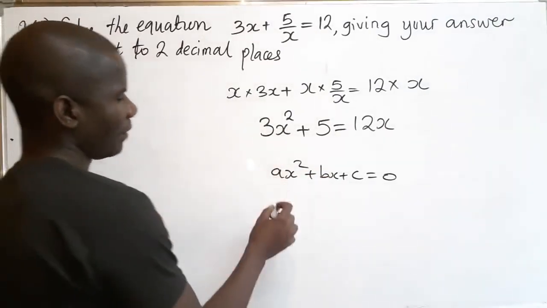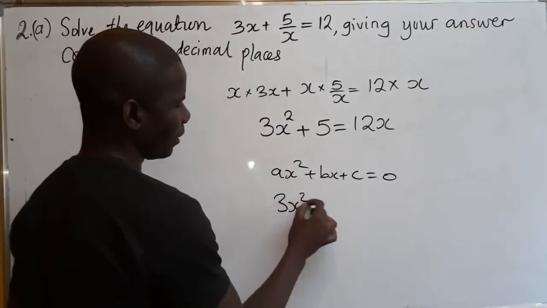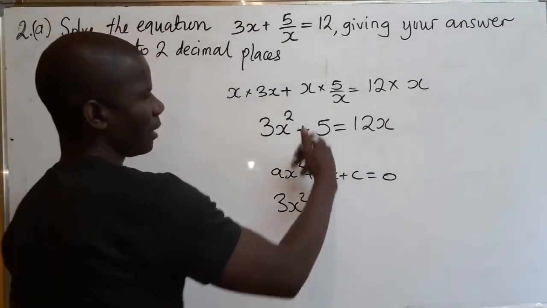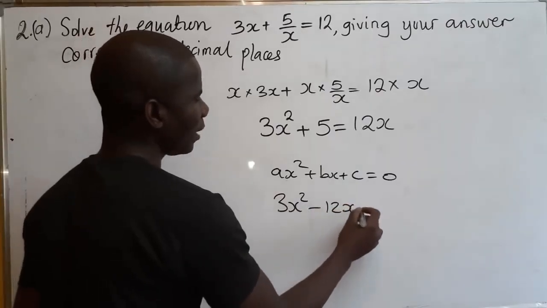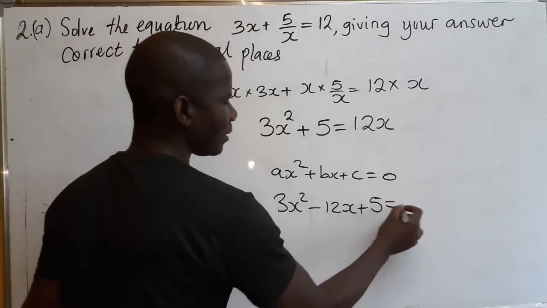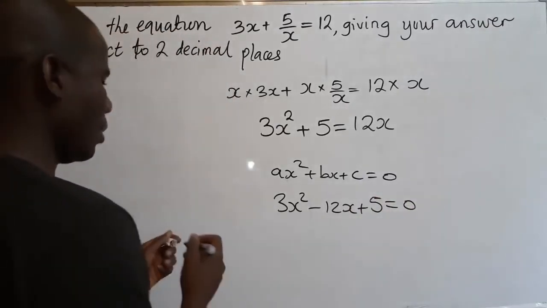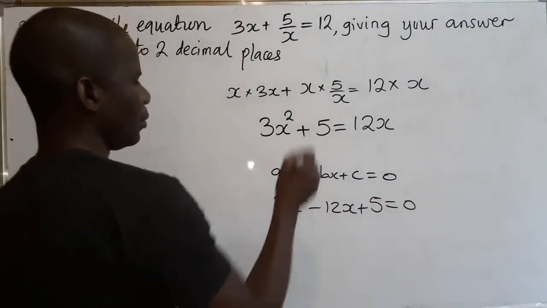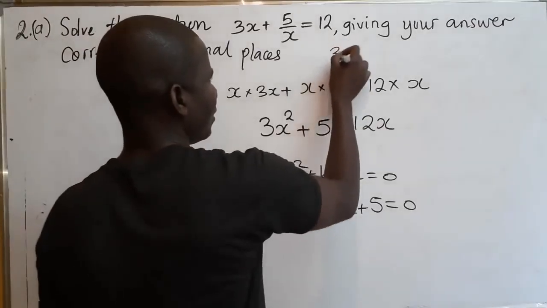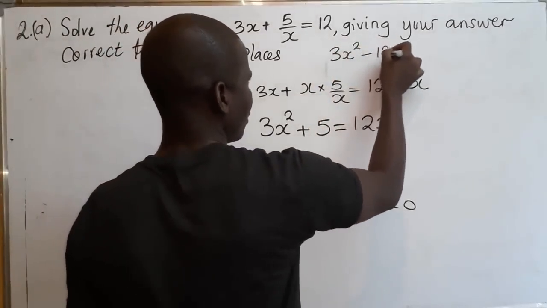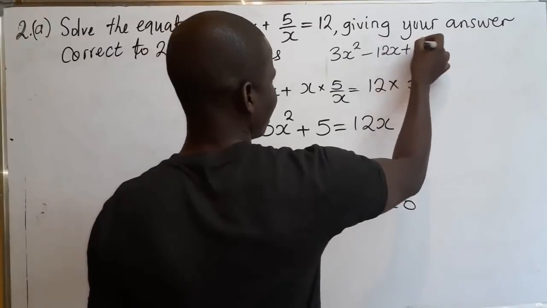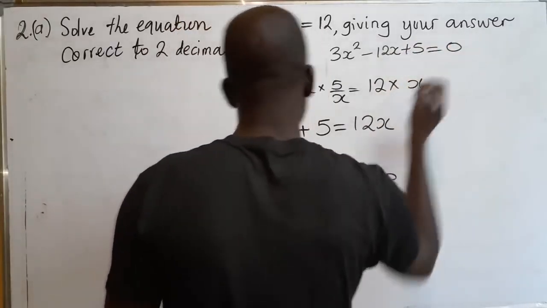So we're going to have now 3x squared. This one has to come the other side. So it will be a minus 12x plus 5 is equals to 0. So we have what? 3x squared minus 12x plus 5 is equals to 0.